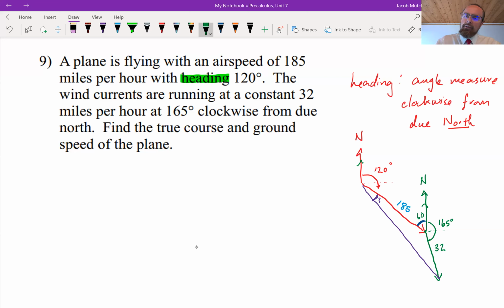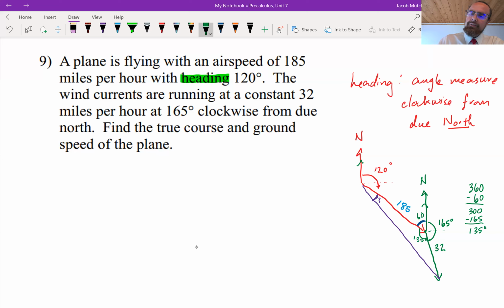Then to find the angle I'm really looking for on the inside of this triangle, it's 360, the full circle, minus 60 minus 165. I'll do that arithmetic here. 360 minus 60 is 300, minus 165 is going to give me 135.